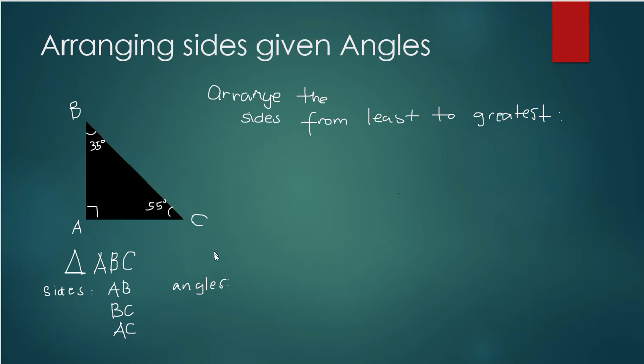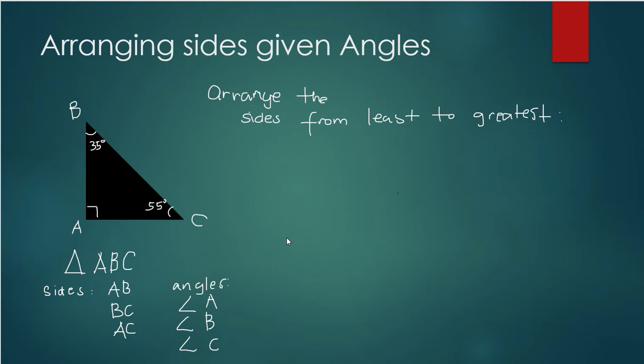Let's just name these angles using the vertex, because none of the angles share the same vertex. So here we have angle A, we also have angle B, and angle C.